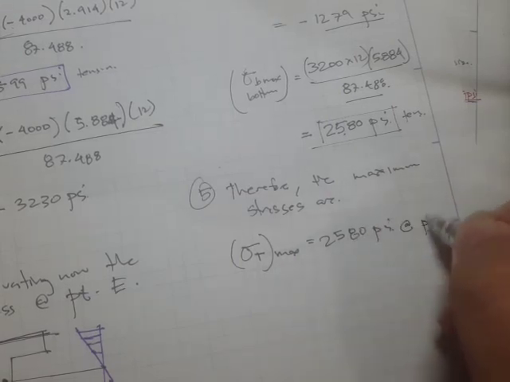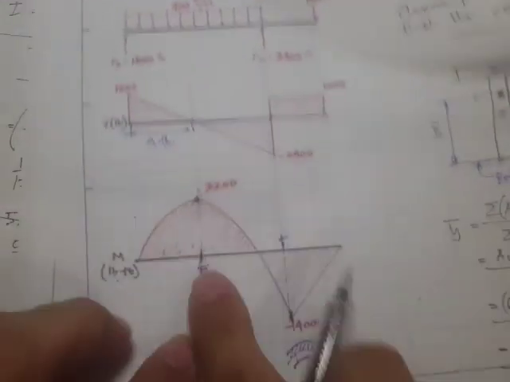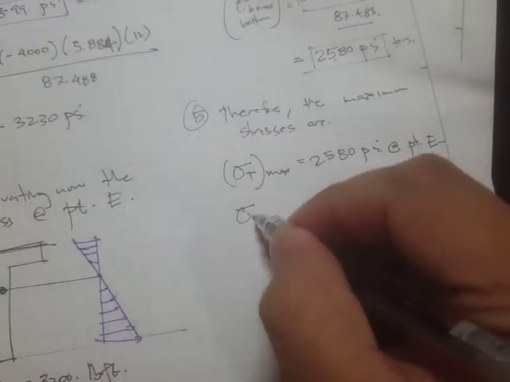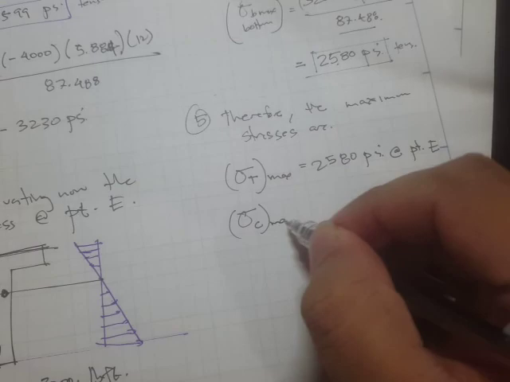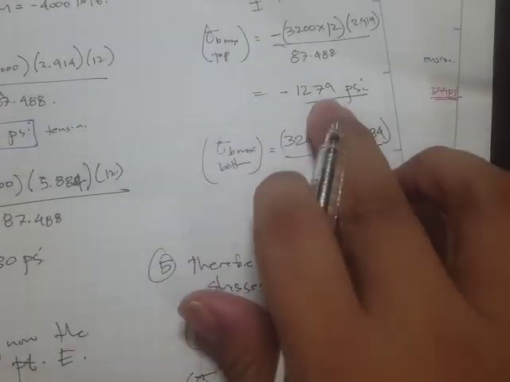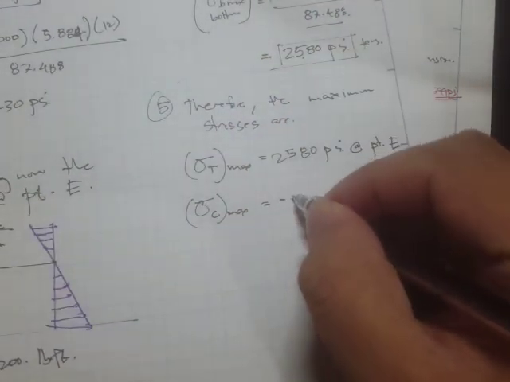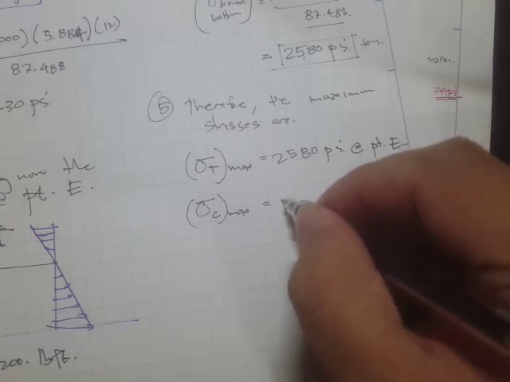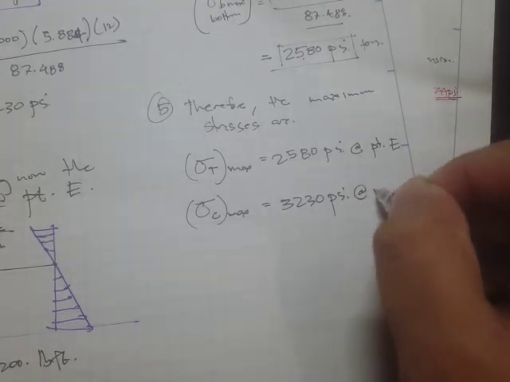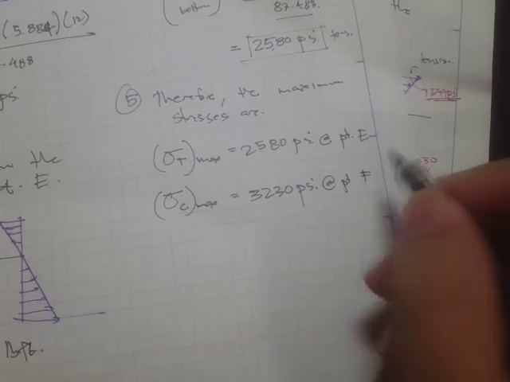At which point? This is at point E. And for the compressive stresses, we have 3,230 and we have 1,200, so the maximum is the negative one. Let's just write the magnitude, 3,230 psi at point F.